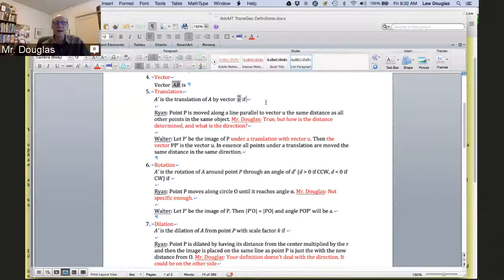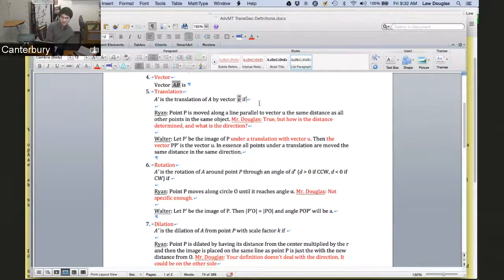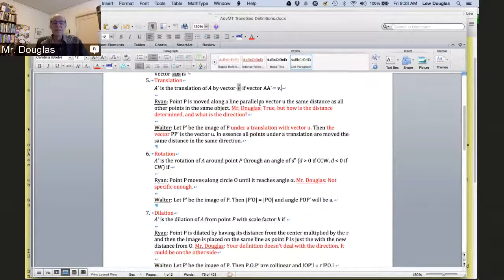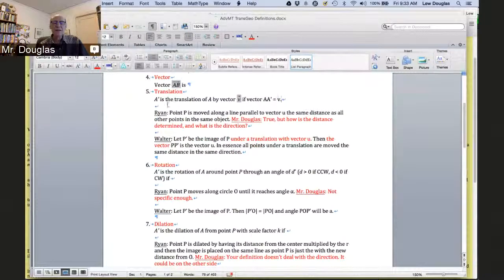So then, if the vector AA prime is the same as V, equals V. And I'll fix that up. Fair enough. That seems good to me. Yeah, that makes sense. Does that make sense? Yeah.